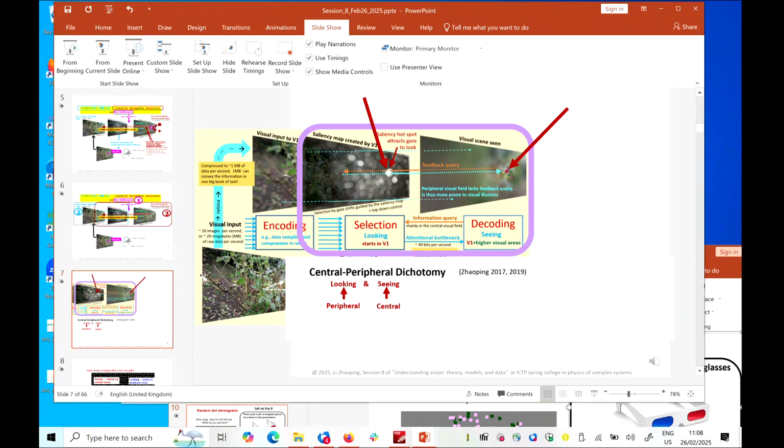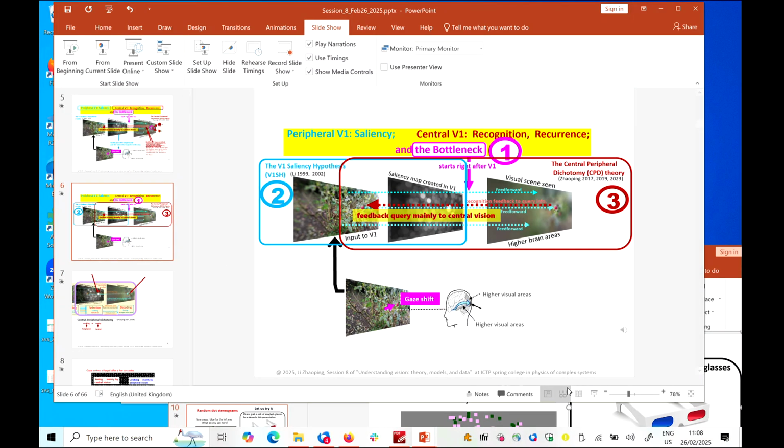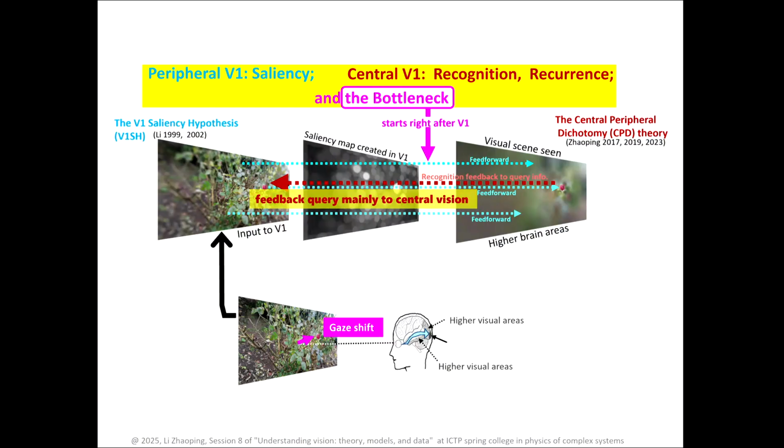Okay, so this is more or less in the face of what we saw yesterday, such a ridiculous situation. They say, well, what can we do? We have to redefine vision. Vision really is: you have a bottleneck, you have to select, and then you have to see in spite of the bottleneck. It's a kind of redefinition of the problem. Maybe it's a wrong definition, maybe it's a right definition.